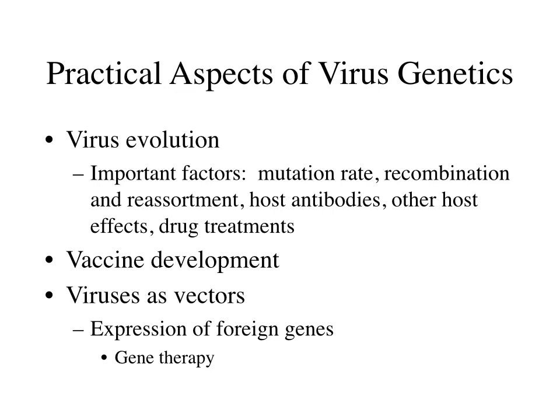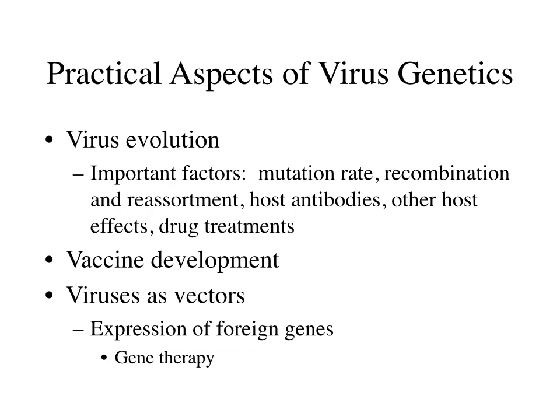There are many practical aspects of virus genetics. When we consider virus evolution, we have to look at things like mutation rate, recombination and reassortment, antibodies that provide selective pressure, other kinds of host effects, and even drug treatments.